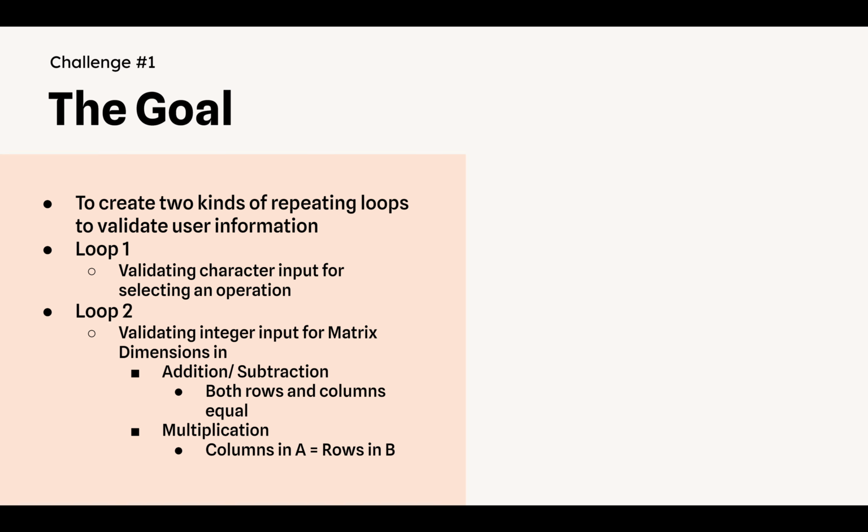The second loop was for validating integer input in matrix dimensions in my addition and subtraction case and the multiplication case. In the case for addition and subtraction, both the rows and the columns of the two matrices had to be equal, and for multiplication, the columns in matrix A had to equal the rows in matrix B.